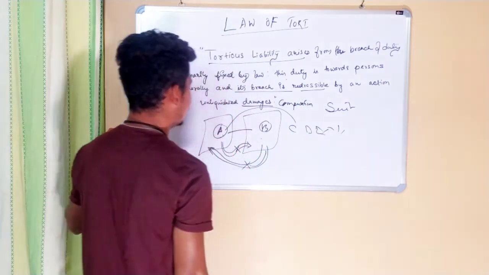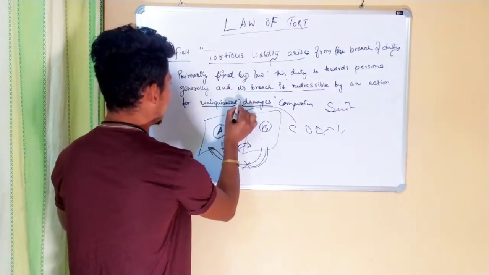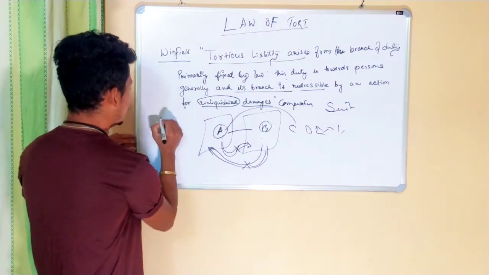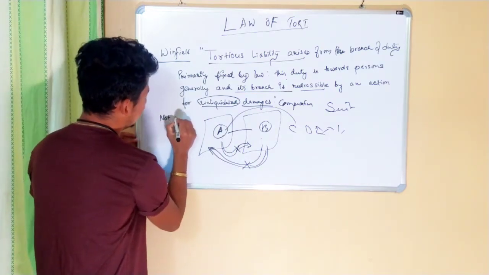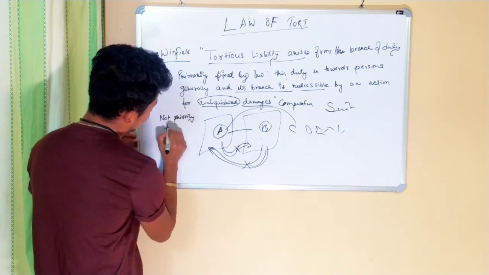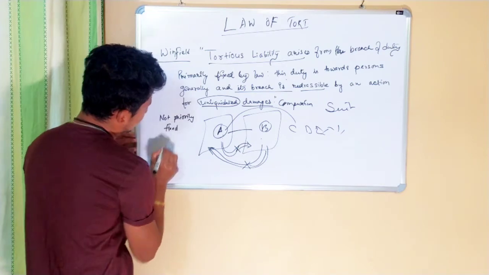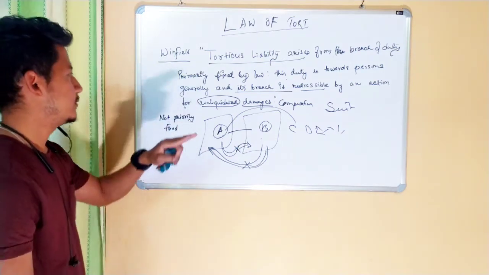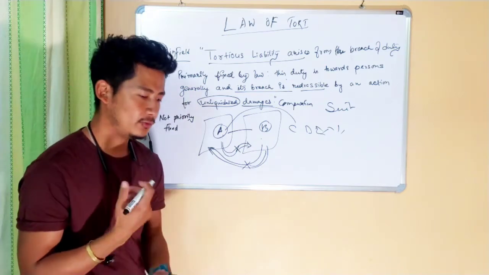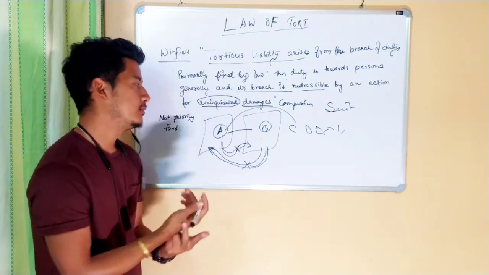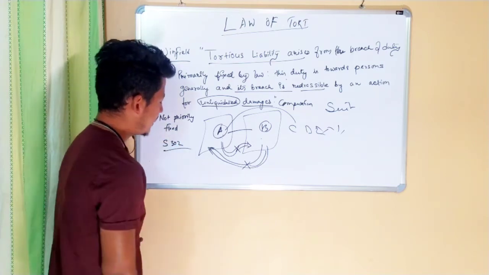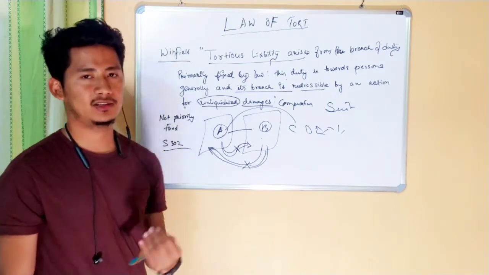Unliquidated means not priorly fixed. For example, in the case of the IPC or other codified laws, if a person commits murder under section 302 IPC, that person will get a certain punishment.